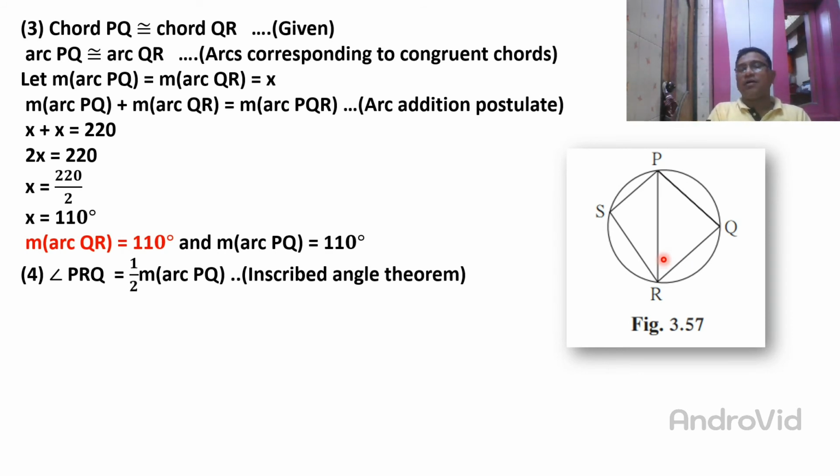So half of 110 degrees: 2 fives are 10. So angle PRQ is equal to 55 degrees. Is that clear? In such a way you find the values here.